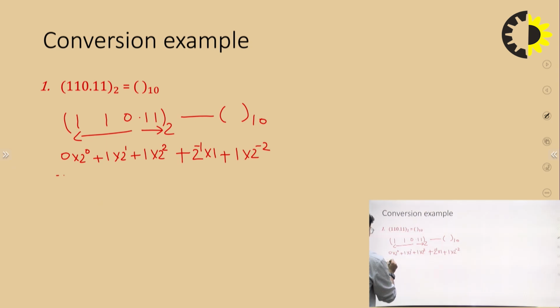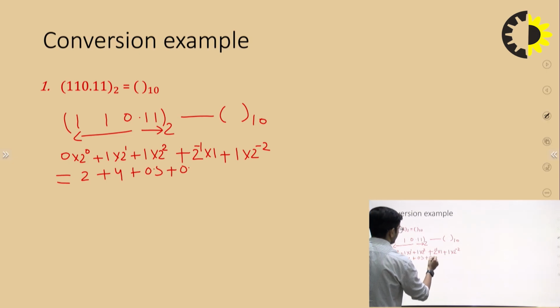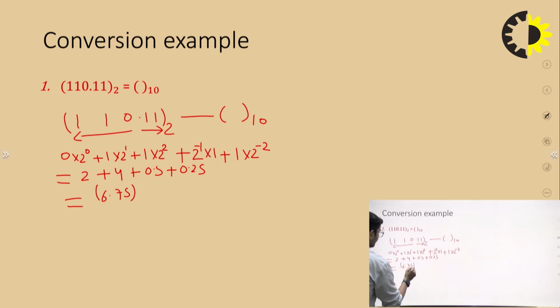If we add these numbers, we can successfully convert the binary into decimal. So this is 0, this is 2, this is 4, plus 2 to the power minus 1 is 0.5, 2 to the power minus 2 is 0.25, which is equal to 6.75. So this is my decimal number.